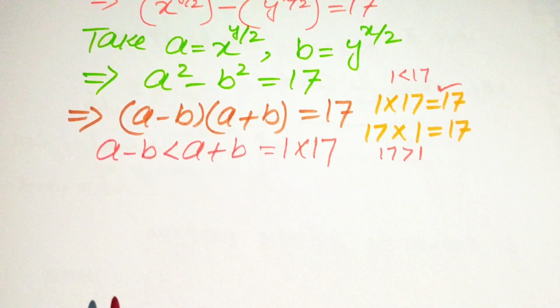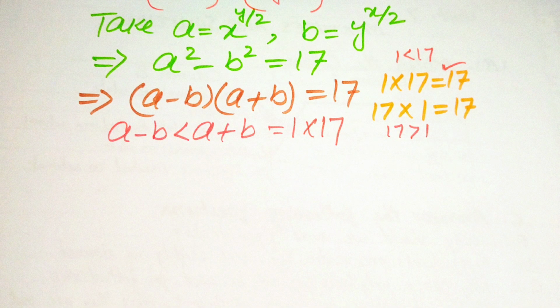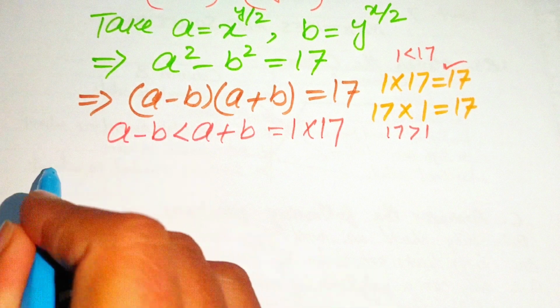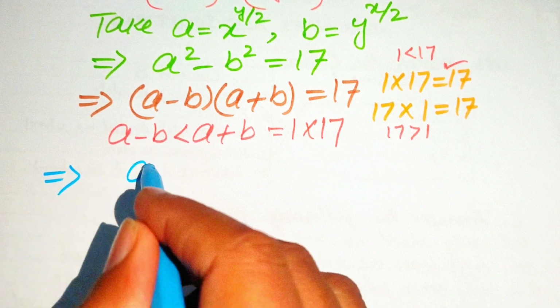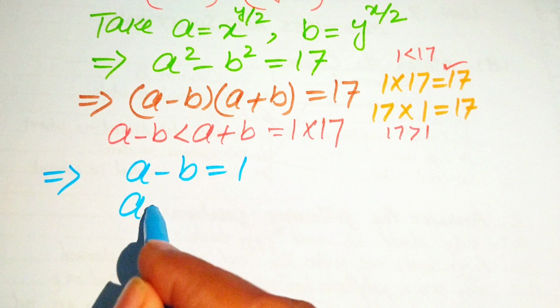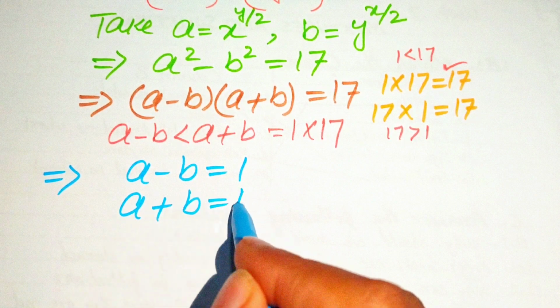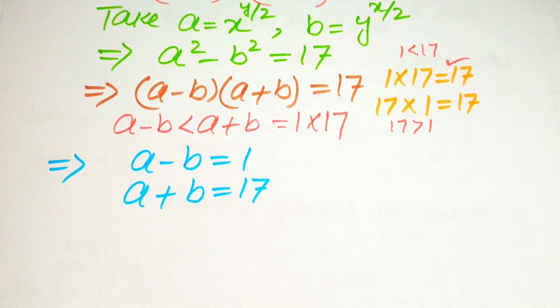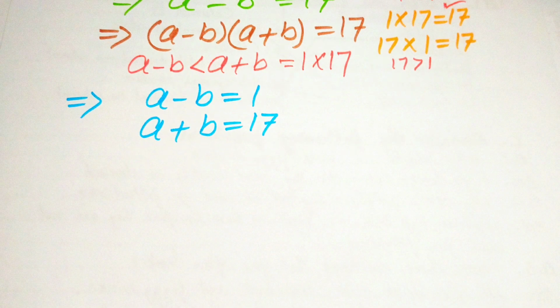Now we compare both of the sides, and you get a minus b equals 1 and a plus b equals 17. Because we need to find the values of x and y, we solve these two equations.